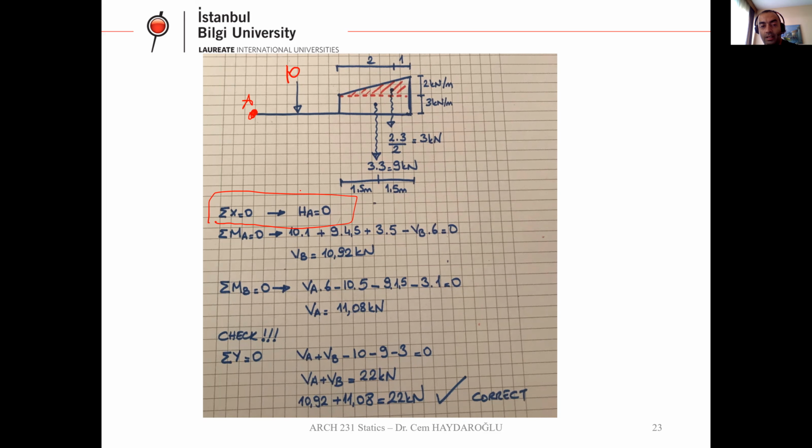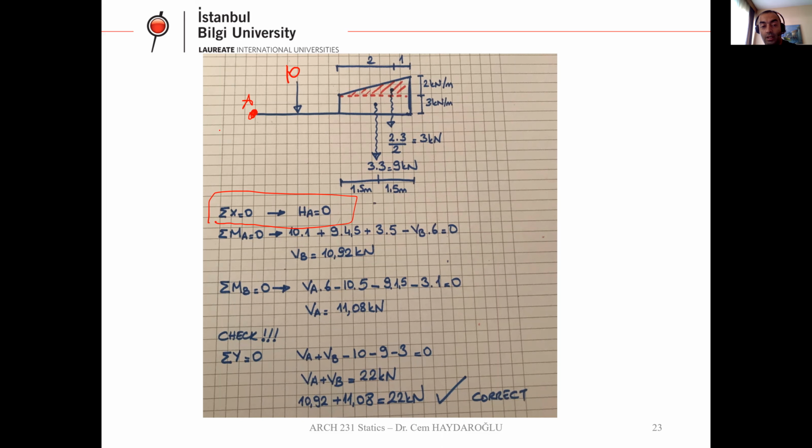Only here, you have to watch out for the rotation directions. We are doing a moment calculation, which is force times distance. But you have to be careful about the rotation directions, which direction you assumed positive or negative.